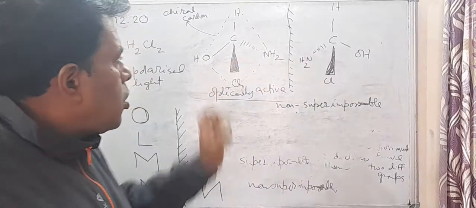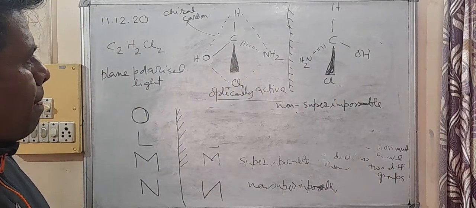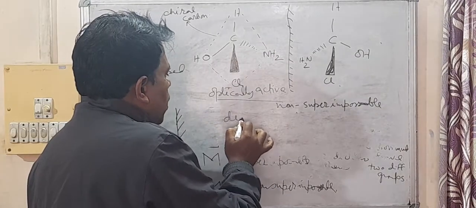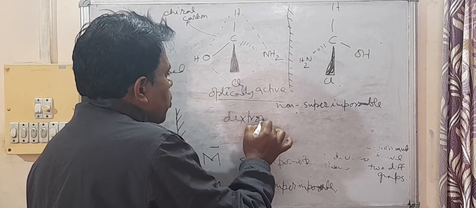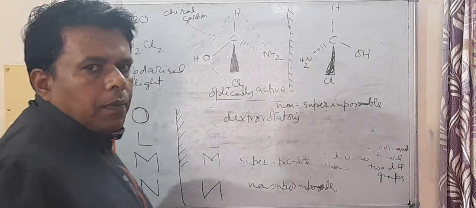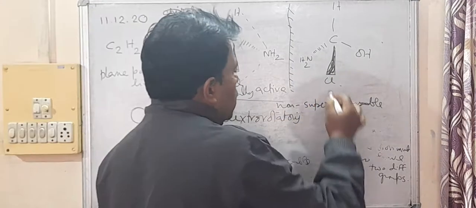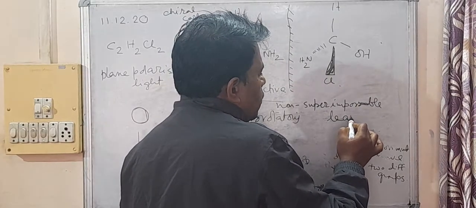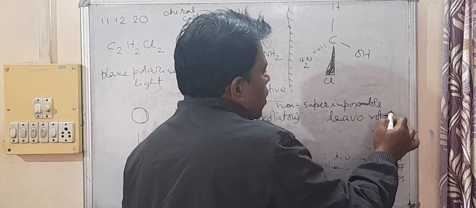These two compounds are optical isomers, and one isomer is called dextrorotatory, and the other one will be called levorotatory.